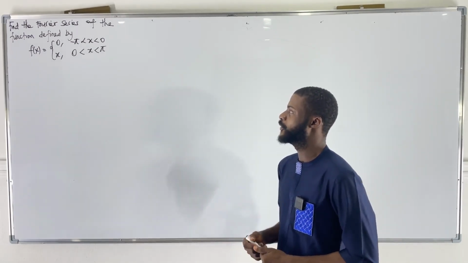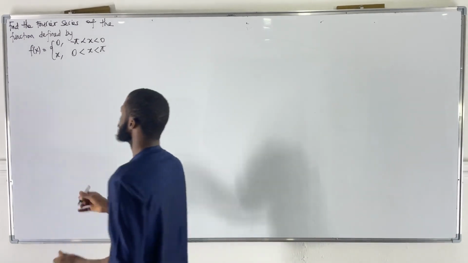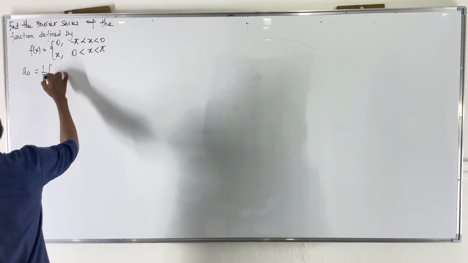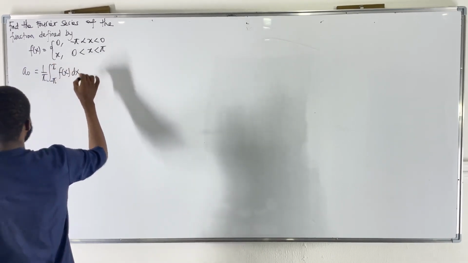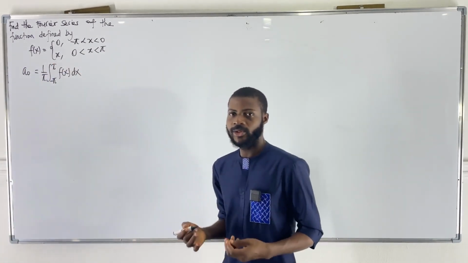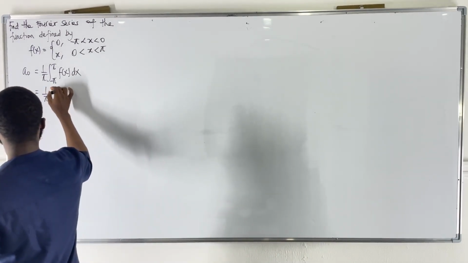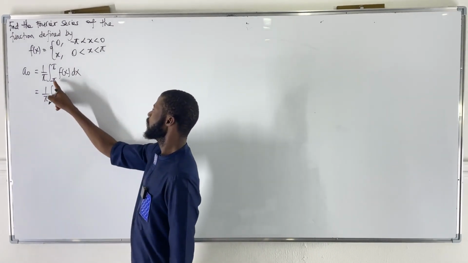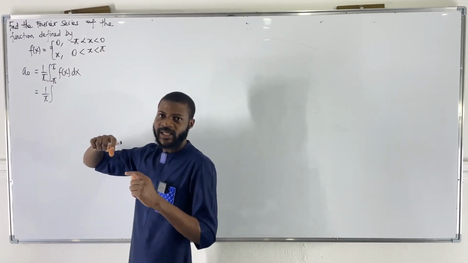So the first thing we want to do is to find our A naught. So A naught is 1 over pi integral from minus pi to pi of f of x dx. That's my A naught. Now if you notice, the interval is from minus pi to pi, but there's a split in between.